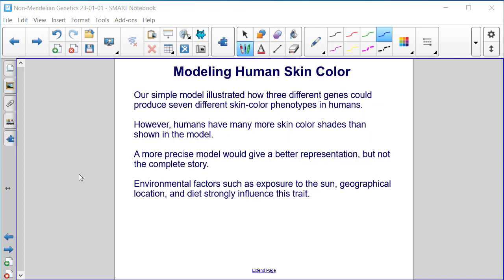Our simple model illustrated how 3 different genes could produce 7 different skin color phenotypes in humans. However, humans have many more skin color shades than shown in the model. A more precise model would give a better representation, but not the complete story. Environmental factors such as exposure to the sun, geographical location, and diet strongly influence this trait.